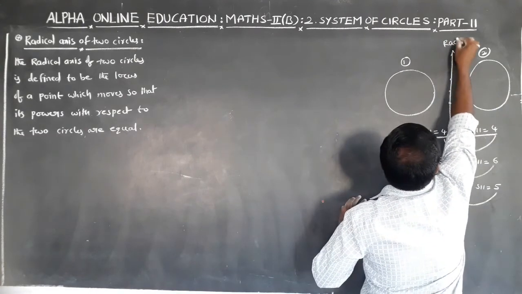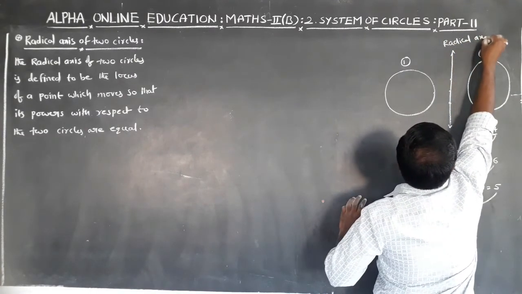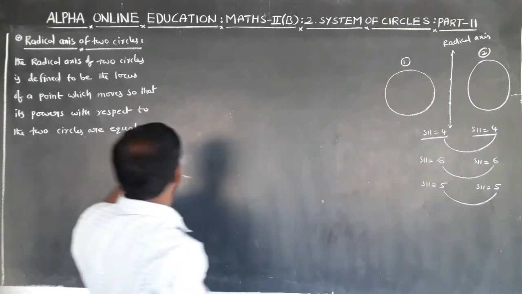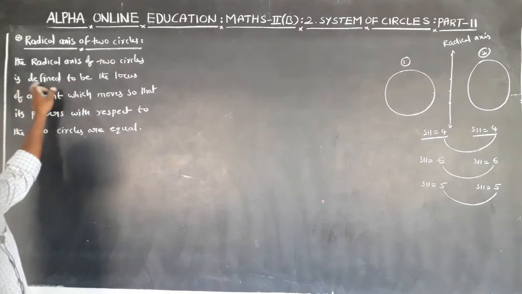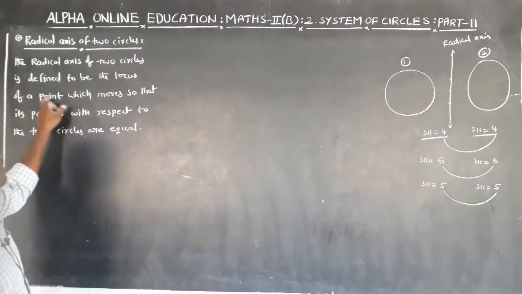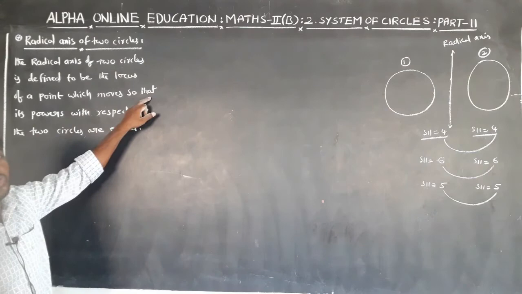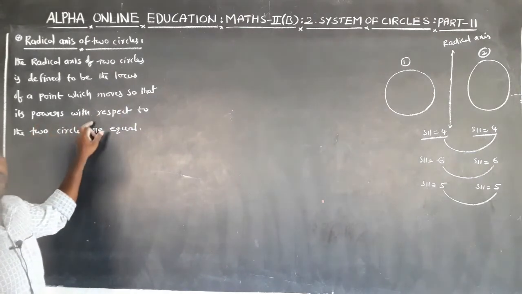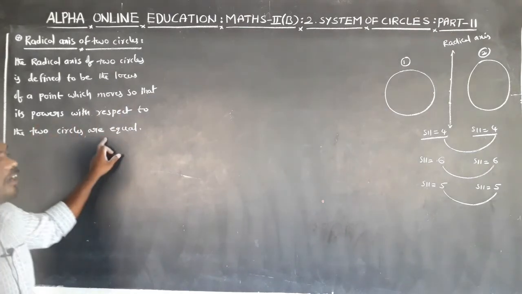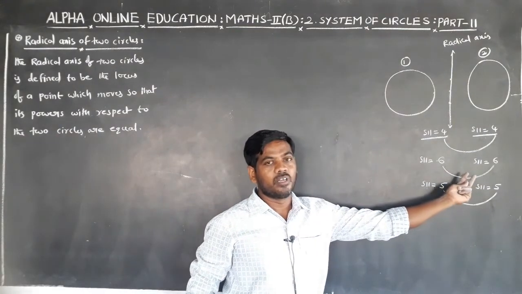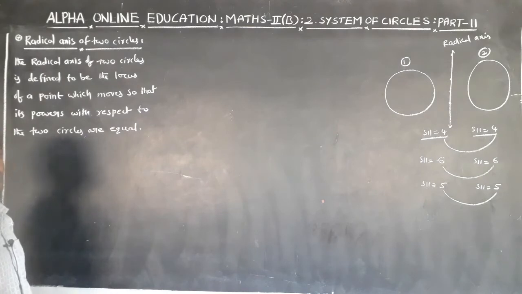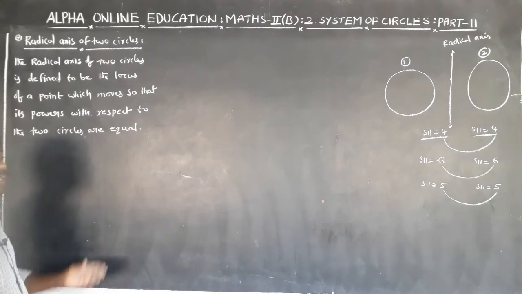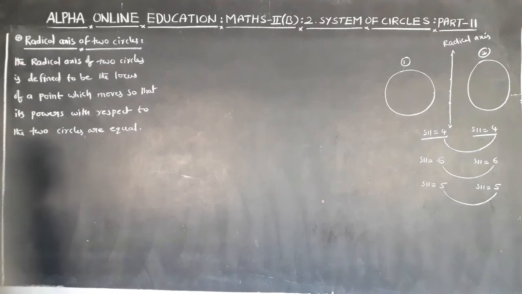This is the radical axis of the two circles. This is the definition of the radical axis of the two circles.